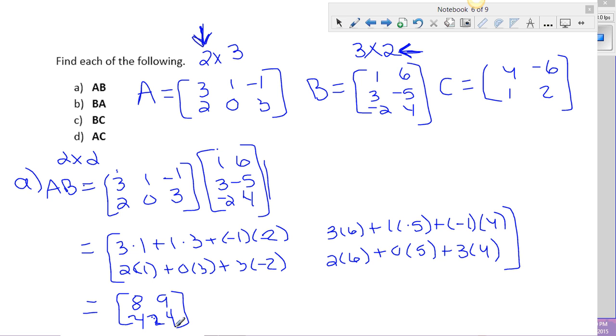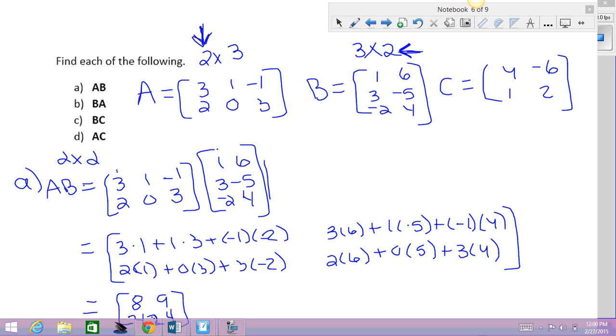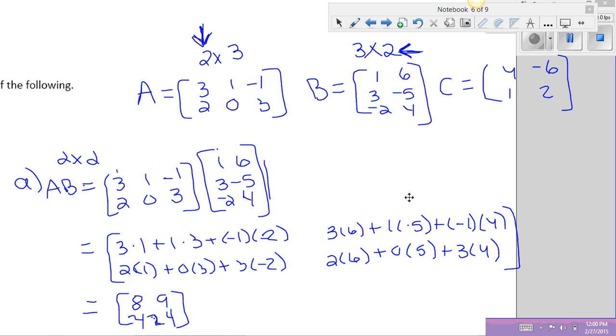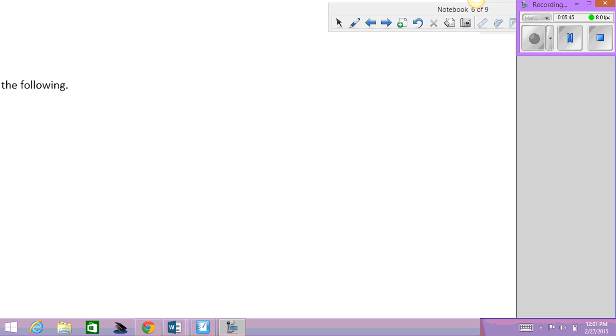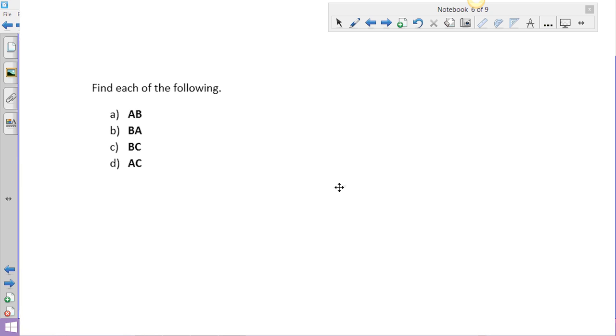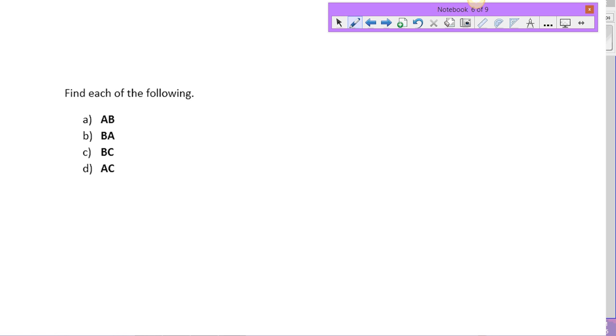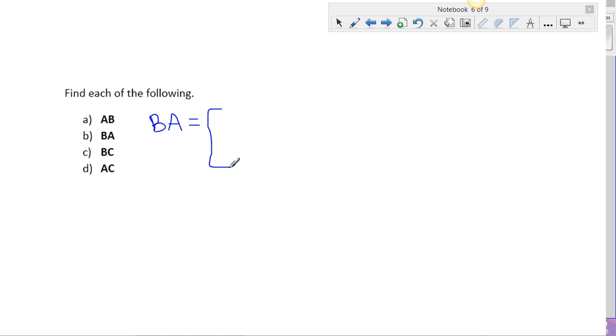All right, so now we're going to try B times A. I'm going to write them side by side. 1, 6, 3, negative 5, negative 2, 4, and then A, which is 3, 1, negative 1, 2, 0, 3.